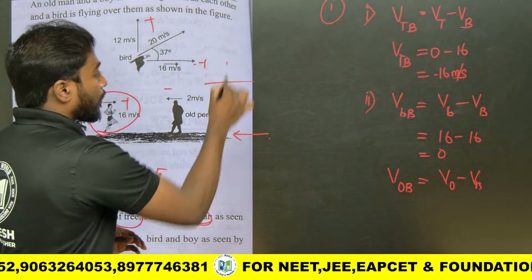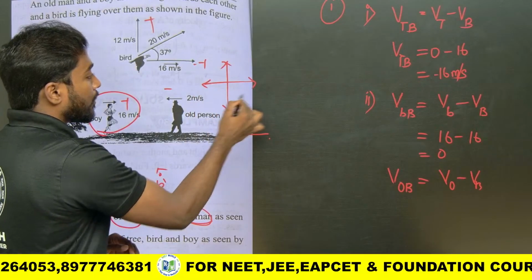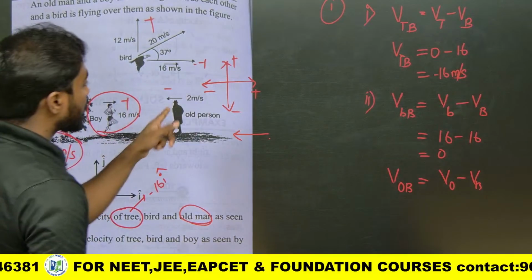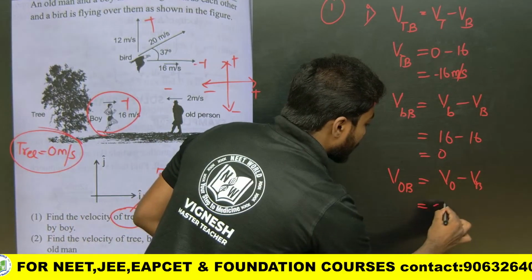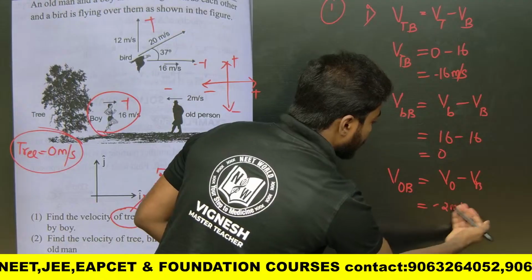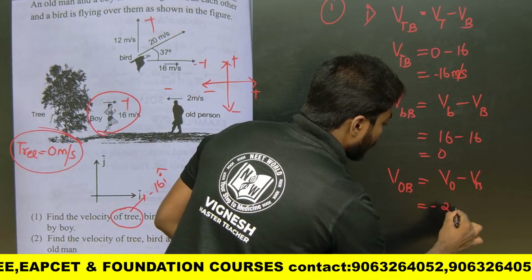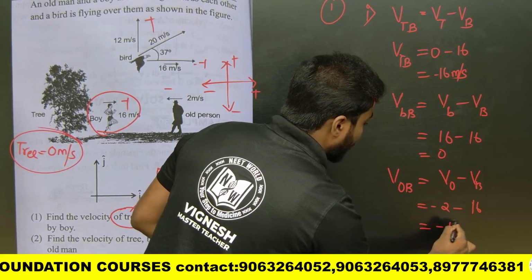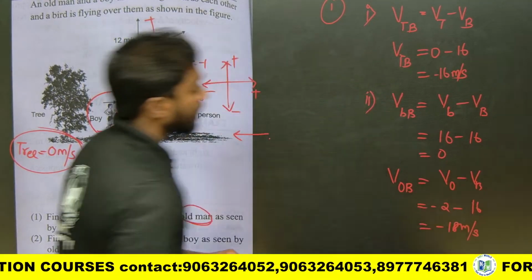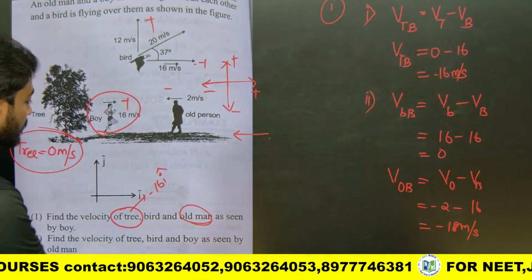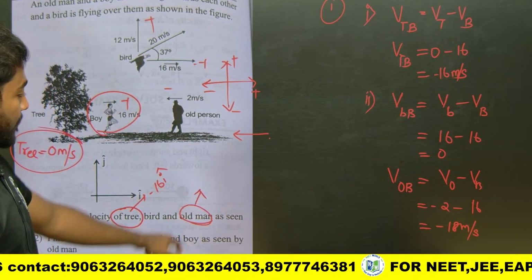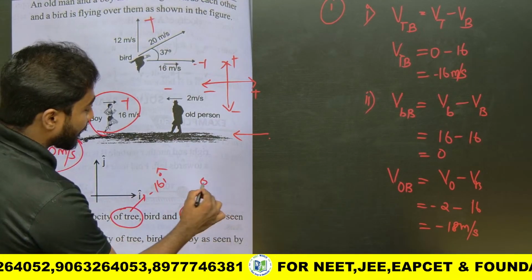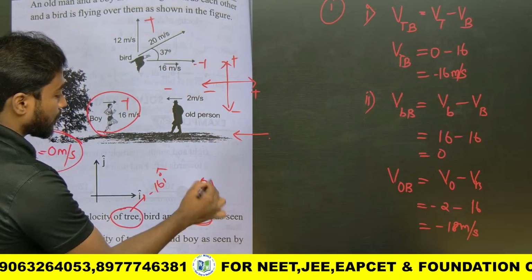Keep in mind whenever you draw a graph: plus, plus, minus, minus. So that is negative: minus 2 minus 16, so the answer is minus 18 meter per second. This is the answer for the first question. Sorry, it's 18, minus 18 i cap.